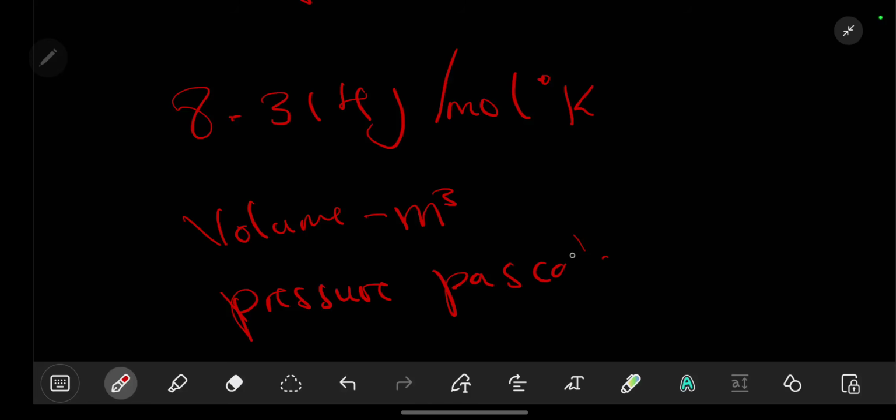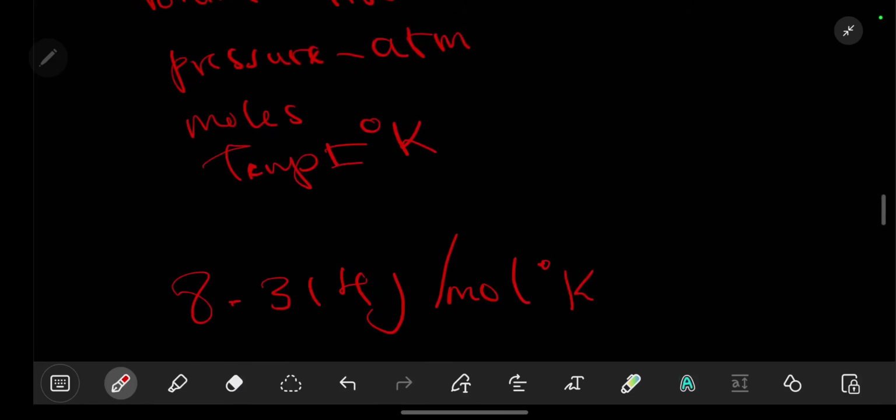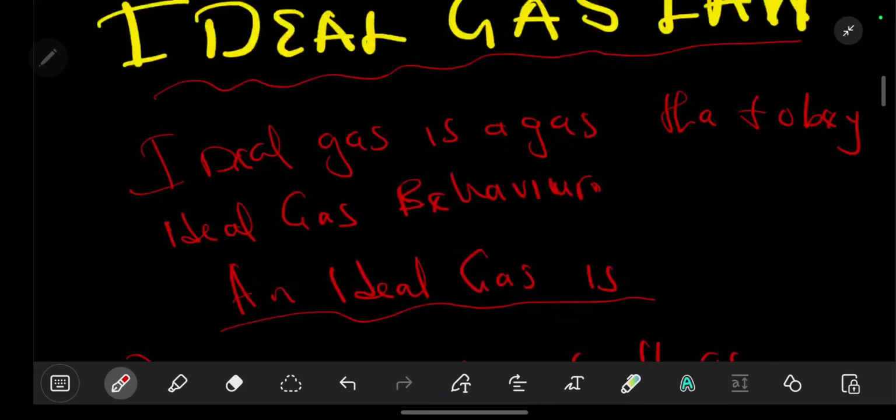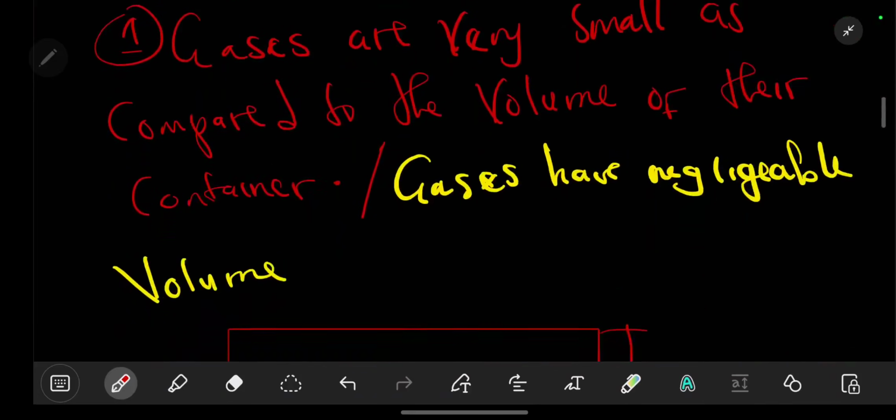So you should make the conversions. But for this video, we are going to be using the liter, atmosphere, mole, and kelvin version of the equation.